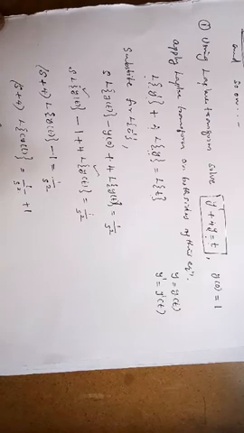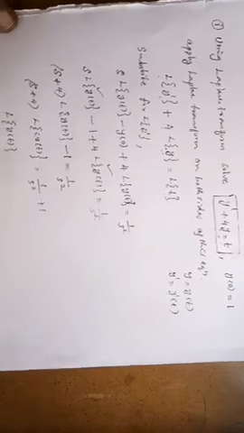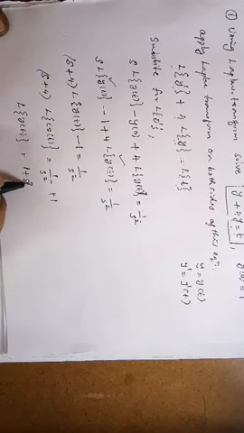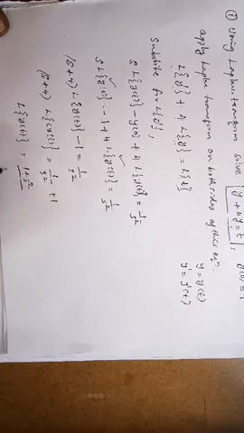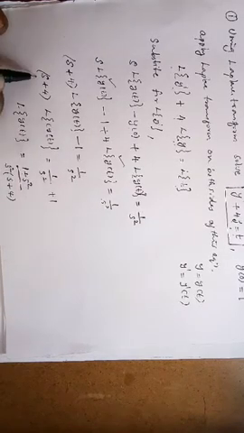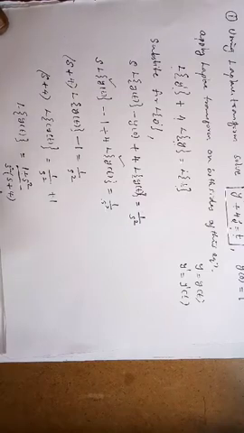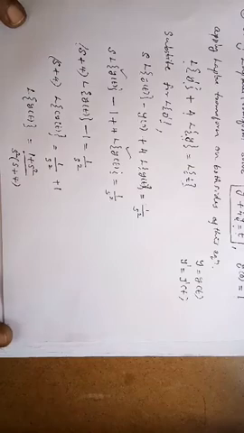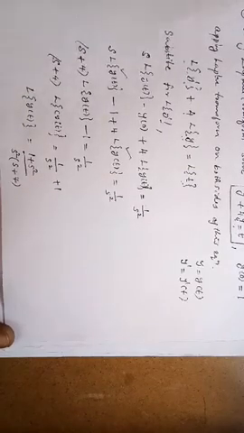So L of y(t), cross multiplying, we get (1+s²) divided by s²(s+4). This (s+4) will be here in the denominator. So L of y(t) equals (1+s²)/(s²(s+4)).